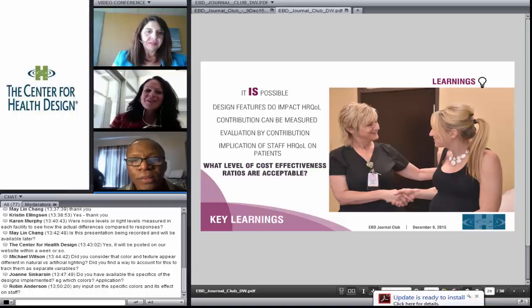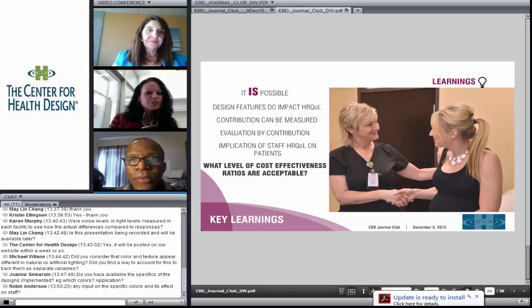So to sum it all up, yes, it is possible. Would we like to do more? Absolutely. We can tell you that design features do impact the health-related quality of life for staff. From a design perspective, being able to determine what we put in based upon evaluating those features by their contribution is important.